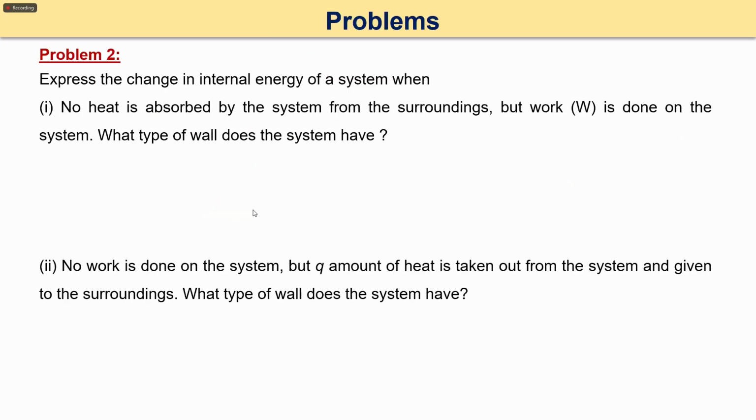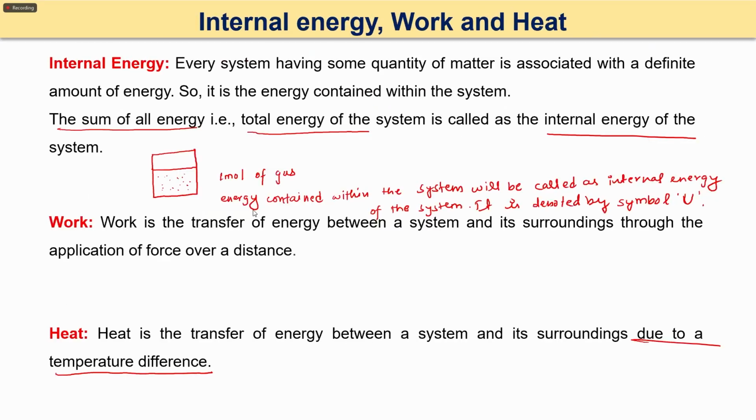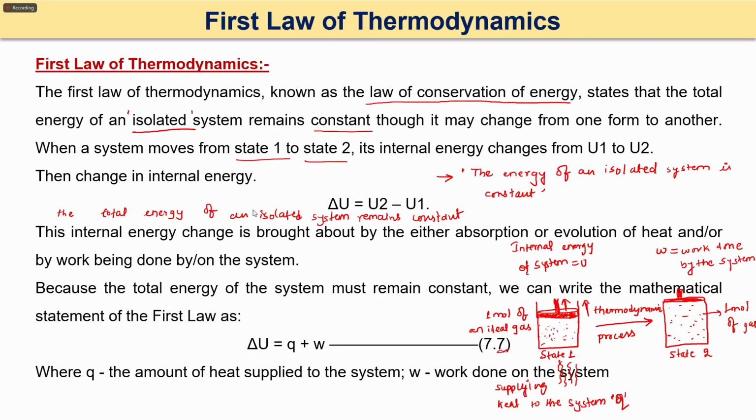Let us go back to where we were. So here it is written that when a system moves from state 1 to state 2, its internal energy changes from U1 to U2, where U1 was the internal energy initially and U2 was its final internal energy.